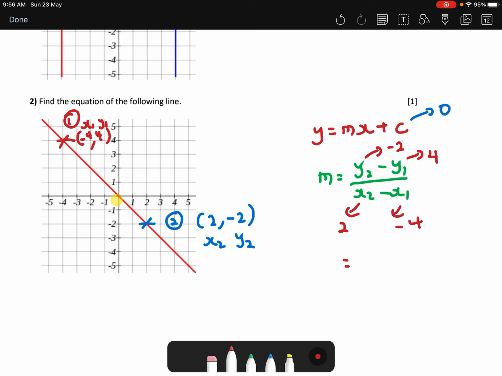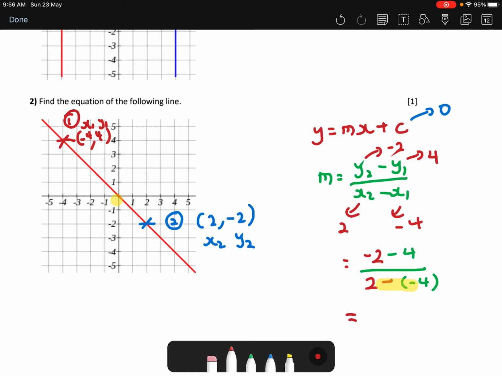After that, you just have to press the calculator, but be careful. When you press the calculator, we first write down all the different numbers: -4, 2 minus -4. Just be careful of the minus.